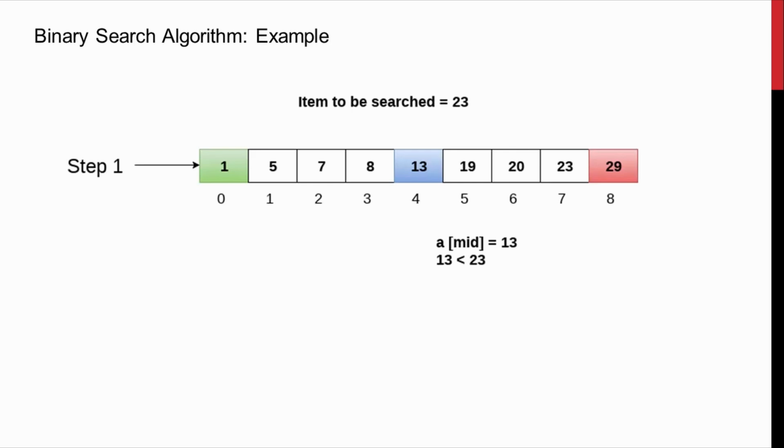In the first step, beginning is 0, end is 8, so mid is 4. A of mid, that is A of 4, is equal to 13. So 13 is less than 23. Therefore, the key value is in the second half of this array.